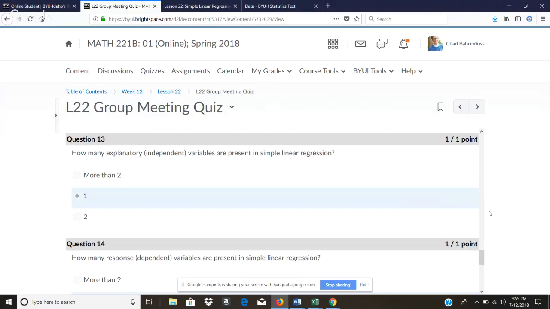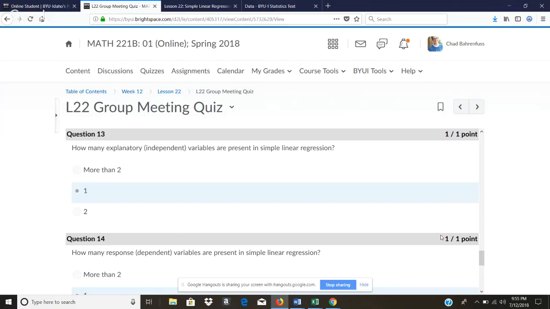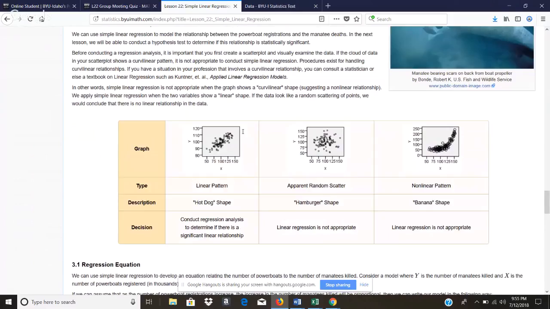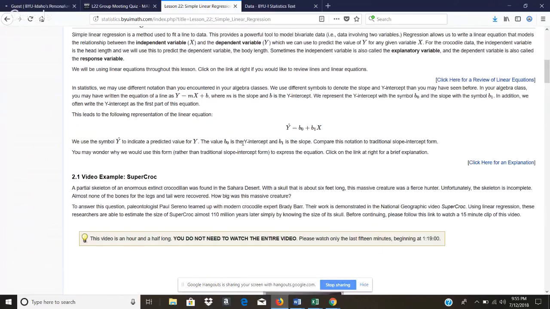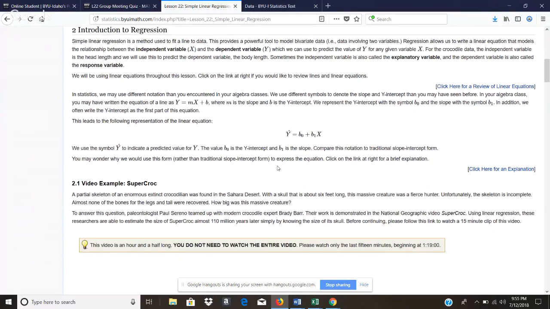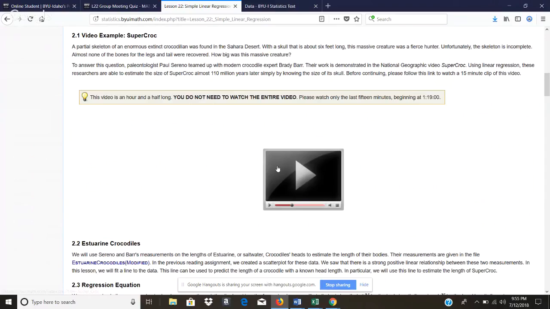Writing notes. 13. How many explanatory independent variables are present in a simple linear regression? More than one, or two? And that's in the book. Yeah, if you look in the book, it says this. Where did I even read this? On the top, maybe? Where is it? I'm looking for it right now. Where did I read that?